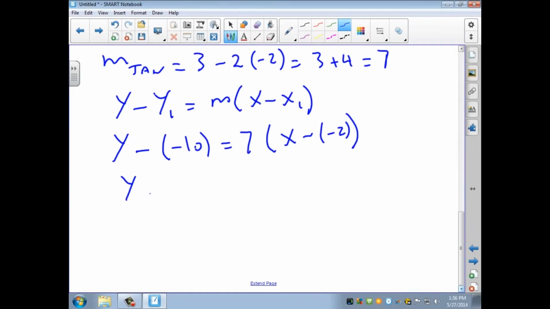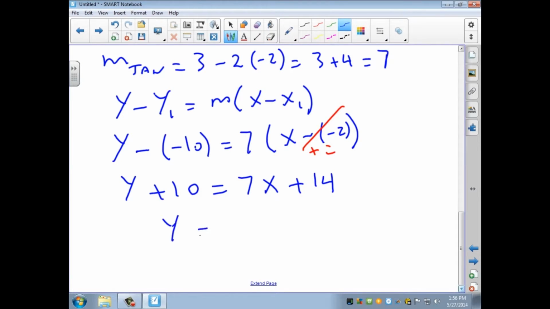So y plus 10 equals 7 times x plus 2. So it would be 7 times 2, which is plus 14.